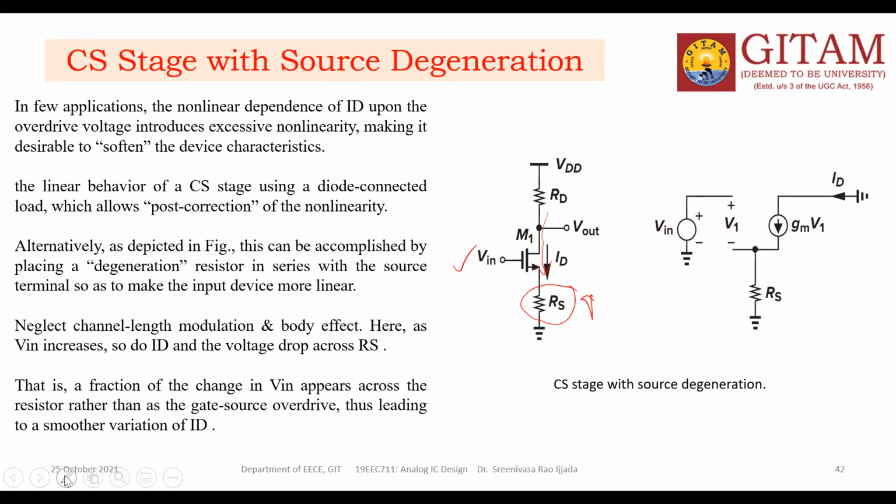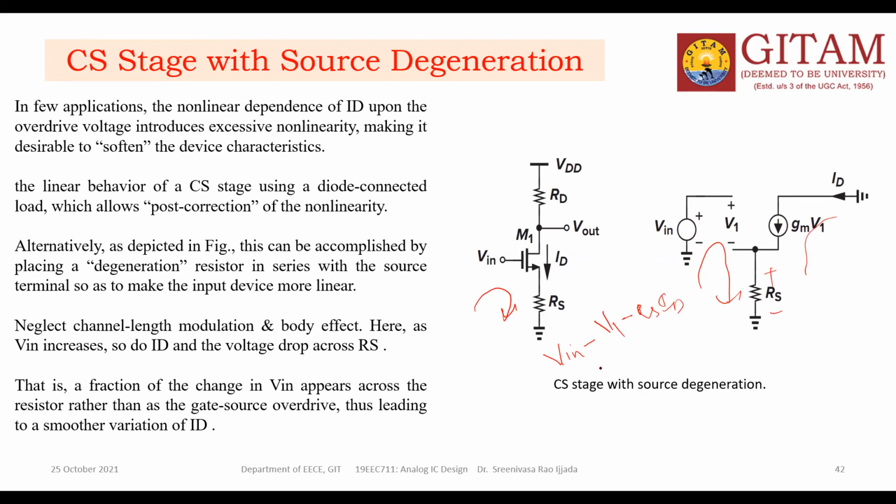So once again, whenever the input voltage increases, you can write an equation like this: Vin minus V1 minus RS times the current flowing, which is ID.